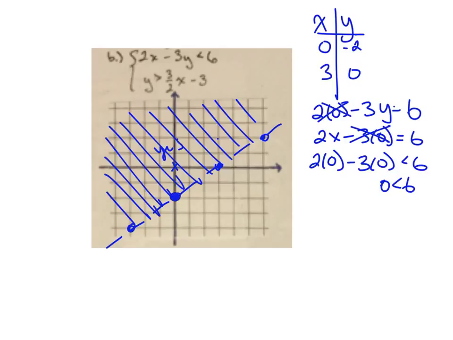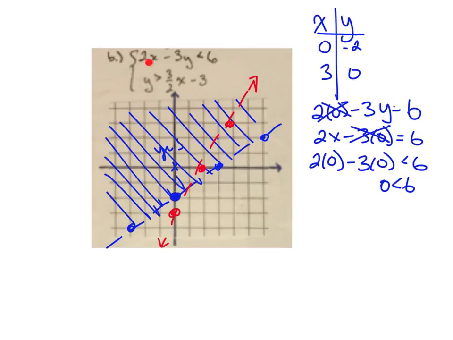For our second line, that's in slope-intercept form, so we can just grab the y-intercept of negative 3 and a slope of up 3 over 2 and continue that slope all the way across our graph. Again, this inequality is strictly greater than, so we're going to use a dotted line again. And we have to determine which way we're going to shade.